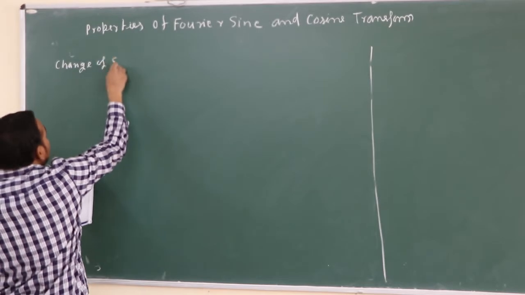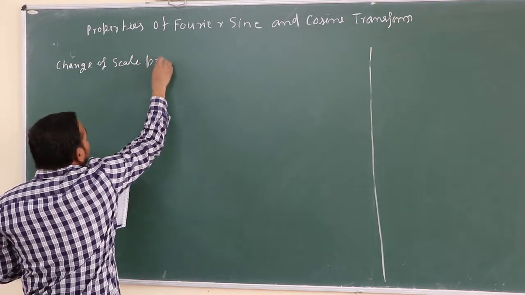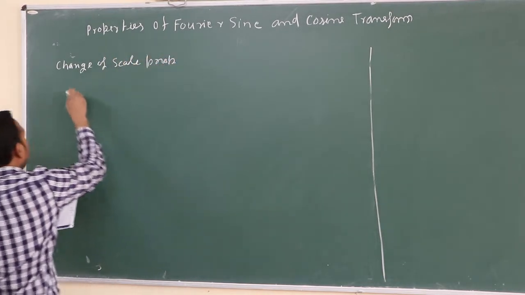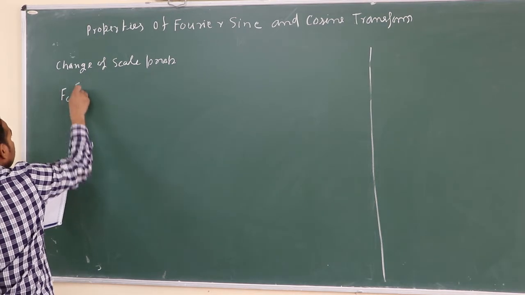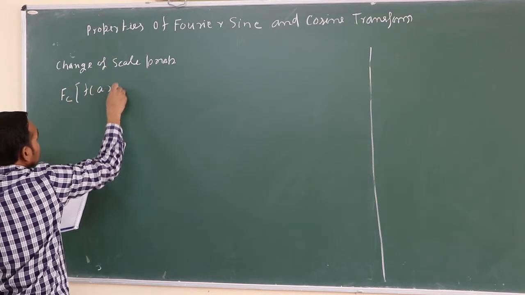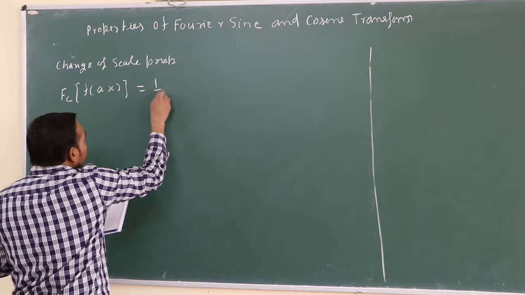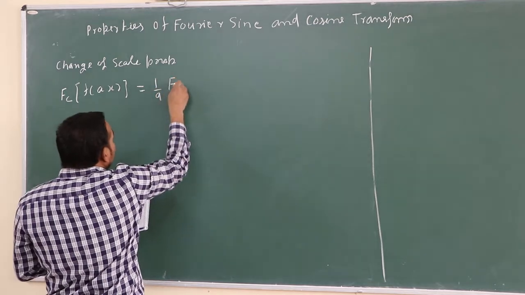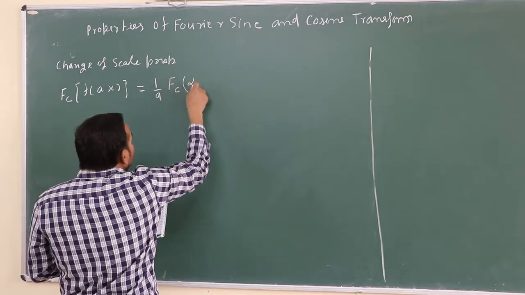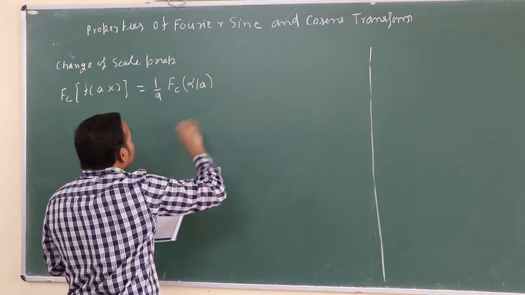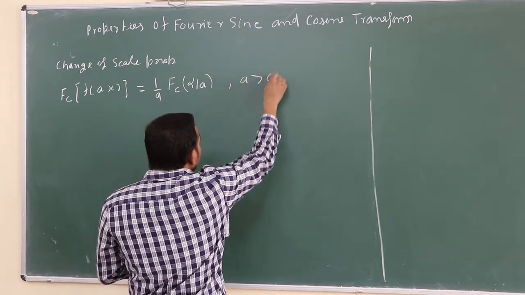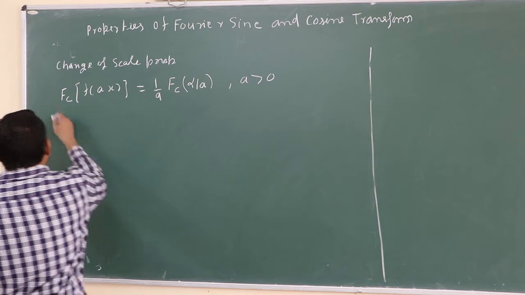Change of scale property. The Fourier cosine transform of f(ax) is 1 upon a f_c(alpha upon a), where a is greater than 0.